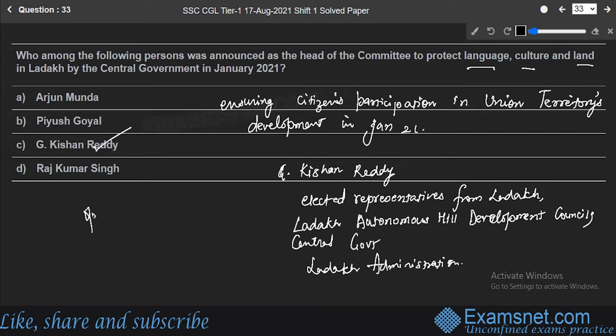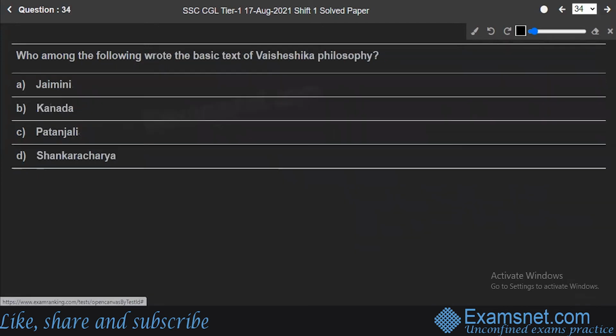So option C, G. Kishan Reddy is the correct answer to the question. G. Kishan Reddy, he is the Minister of State. I hope you're clear. Then let's move to the next question, number 34.